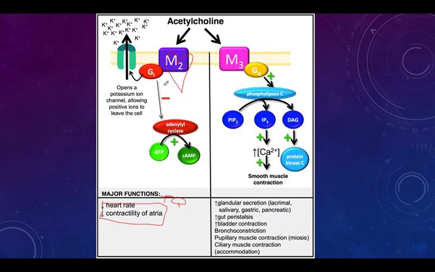This makes intuitive sense, which is why I want you guys to learn it, because acetylcholine decreases the heart rate, inhibitory, decrease everything, decrease adenyl cyclase, decrease cyclic AMP, decrease calcium, decrease heart rate, decrease contractility. That part just makes sense. Parasympathetic, rest and digest. Opens the potassium. I don't know how to fully explain that, so I'm not going to. Don't worry about it for now.